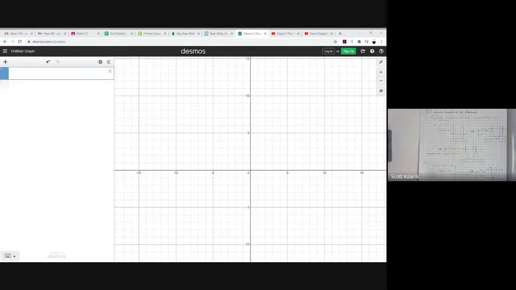Okay, so here on Desmos, we see we're given a coordinate grid, and it's going to give us this little function tab on the side. This is where we're going to be plugging in our equations. So literally, for my first example, if I just type it as it is written, that would be x squared plus 2x. And you'll notice, first off, as soon as I typed in the x squared, it showed me that parabola.